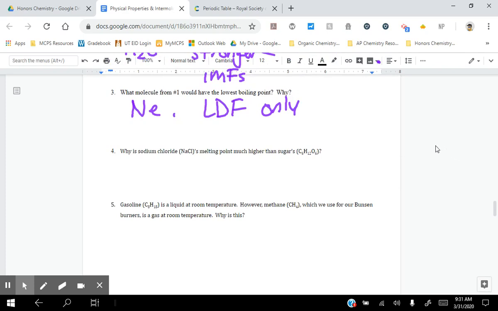I can go through and look at some other examples. In this next one, number 4, we have NaCl, which is an ionic compound, because I have a metal and a nonmetal. And we have sugar, which is a polar covalent compound.